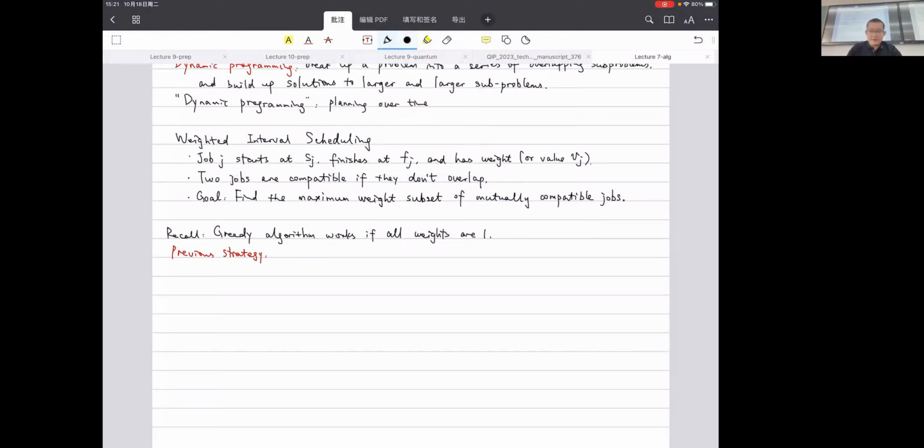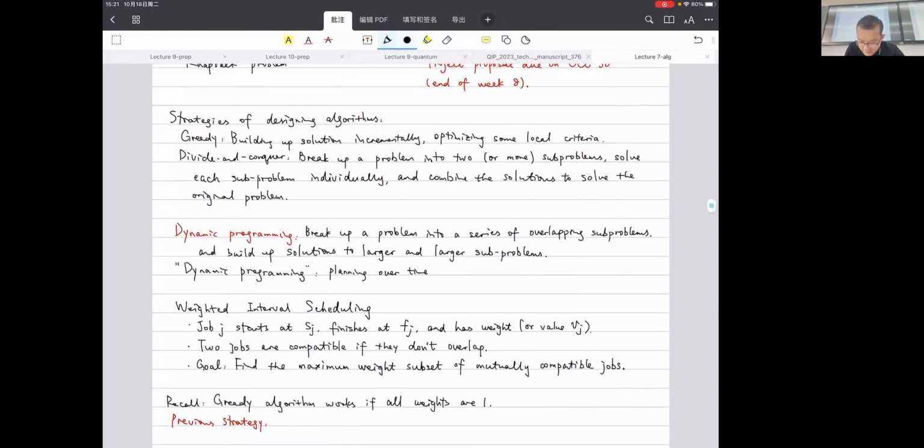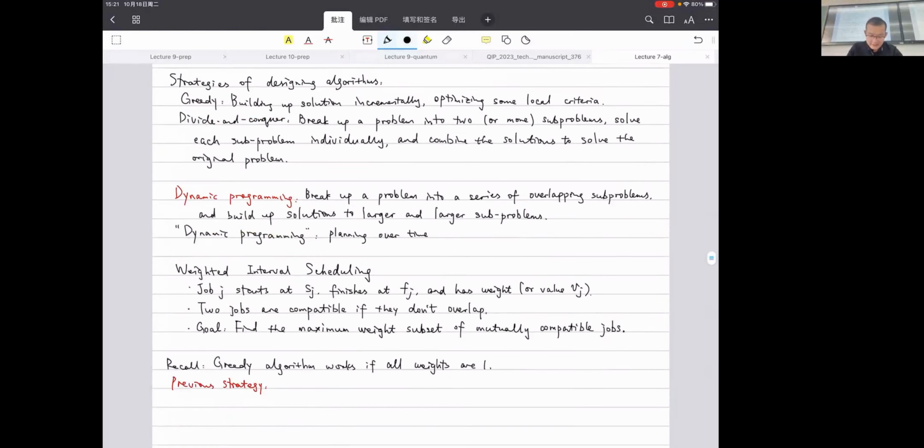As we have been mentioning, we talk about a greedy algorithm, but greedy in what? You have some kind of strategy, and you need to optimize according to some local criteria. That is the greedy part.